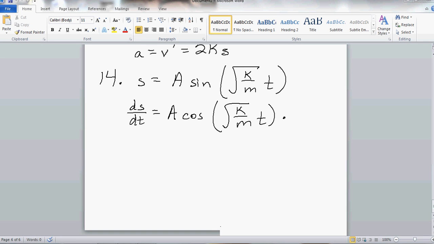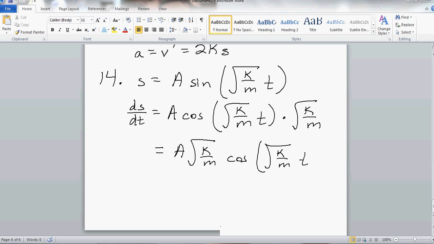Well, the t has a 1. We put the 1 out here and subtract that, so the t disappears. So it just becomes the square root of k over m. And so, to clean all this up, we get a times the square root of k over m times the cosine of the square root of k over m t. And there is the final answer.